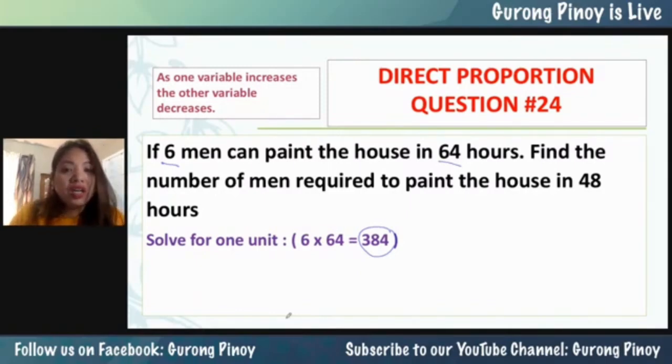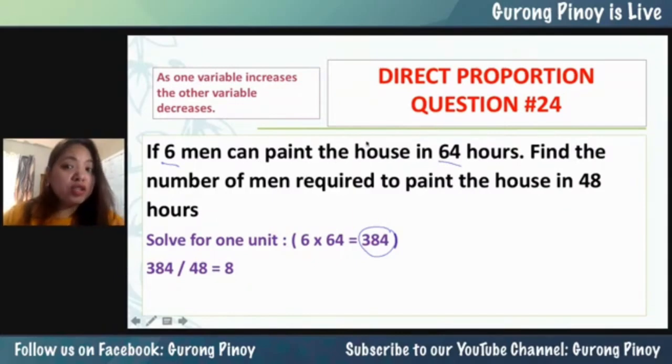So, the question is really how many men are needed when the work takes 48 hours. After you solve this, just divide it by 48. That is your answer. So, 8 men. Sorry, not 8 hours, 8 men for 48 hours.